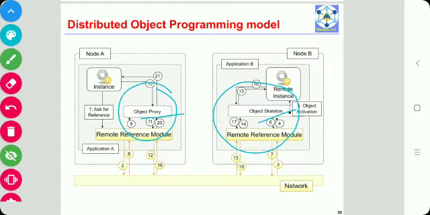So the distributed object programming model uses the proxy and skeleton, where the skeleton is on the server and the proxy is on the client. Okay. So this is the distributed object framework.